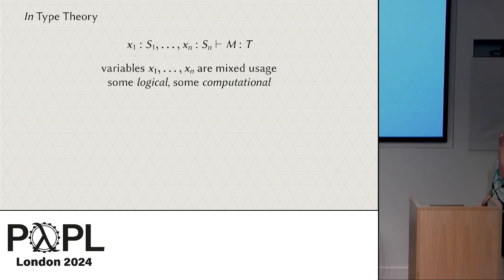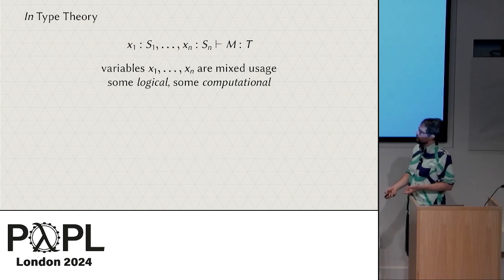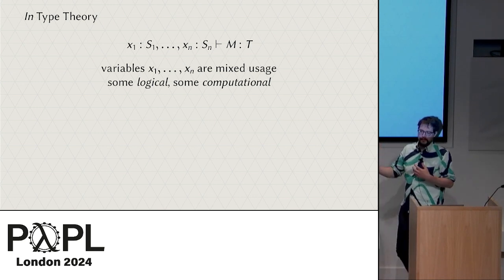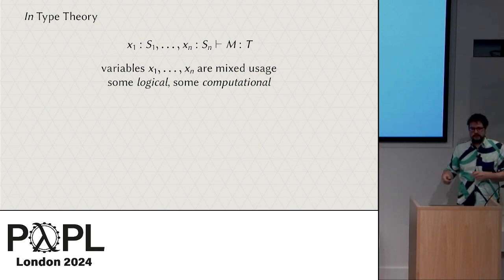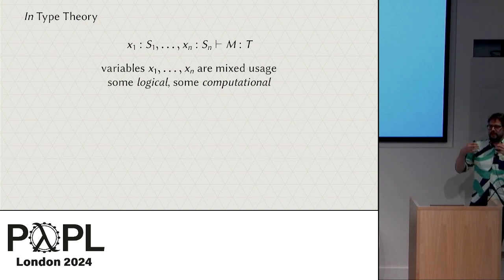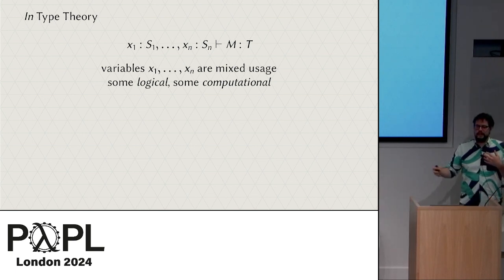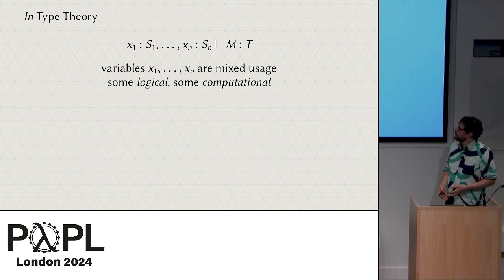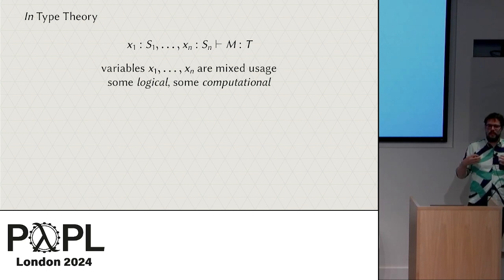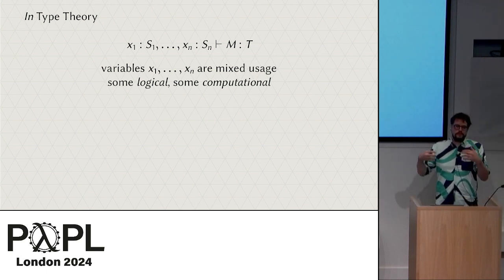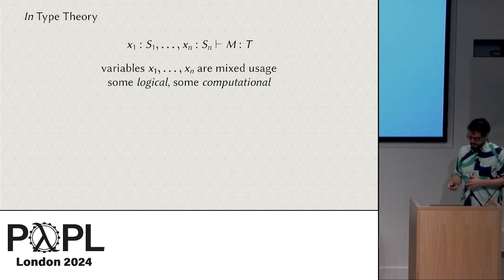This is tricky, because in type theory, the variables are used in mixed ways. Some are logical, some are computational. By logical I mean they're just there to make sure the types are well formed, but they play no role. So like the previous talk, we have some members of the context which are only there to make sure the types are well formed. They're not computationally relevant.